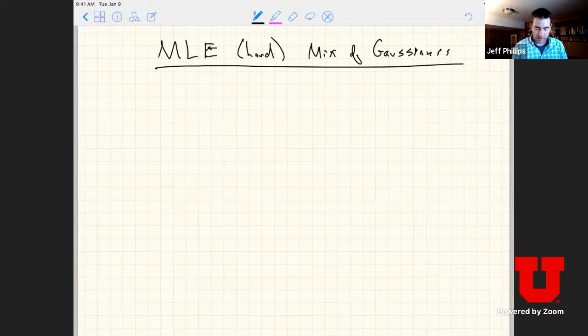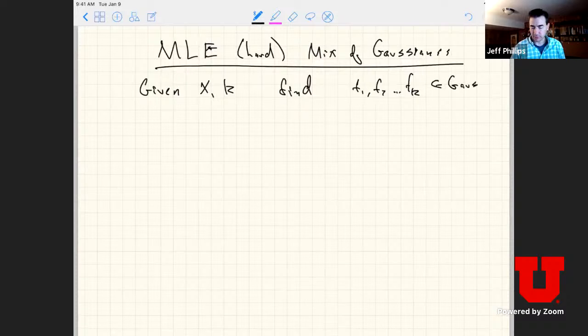Given x and k, I want to find F1, F2 up to Fk, each of which is in the space of these Gaussians, and I want to maximize the maximum likelihood function.